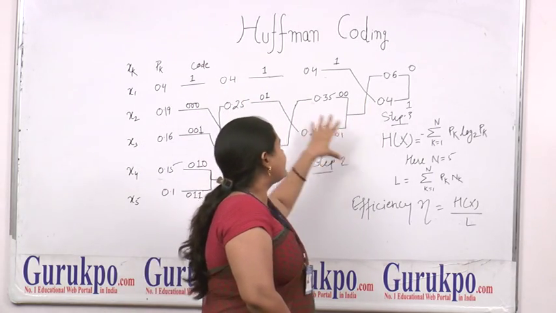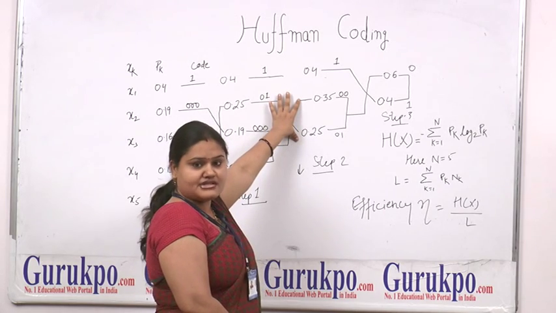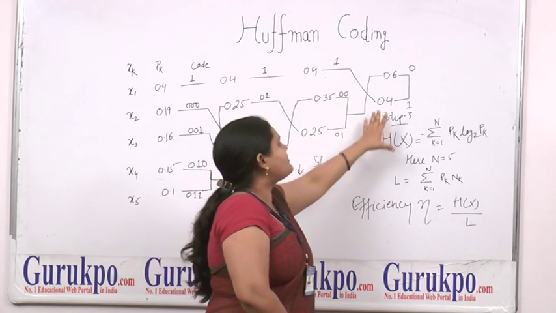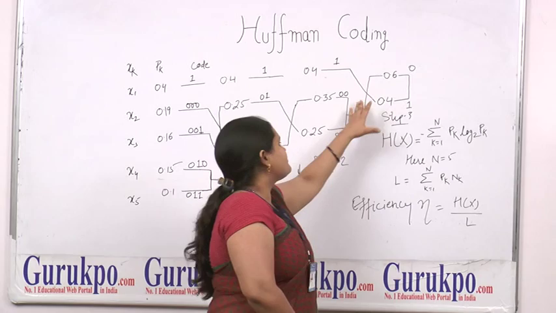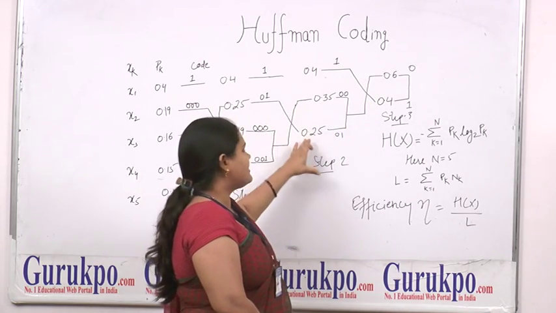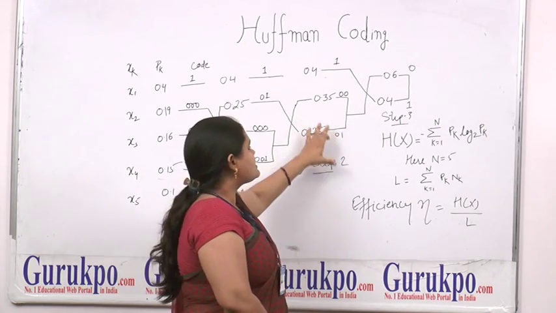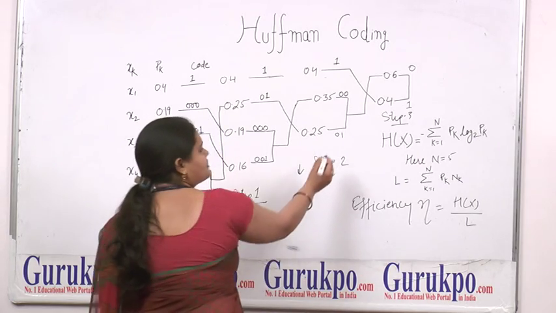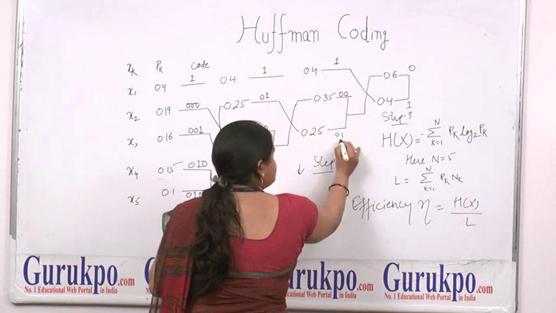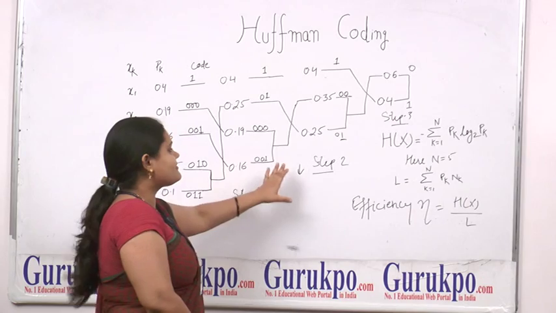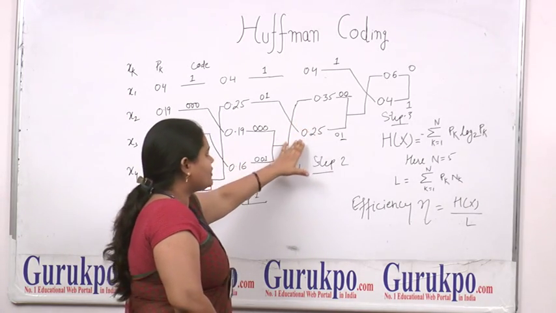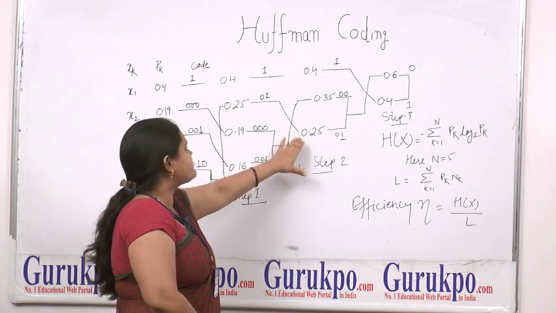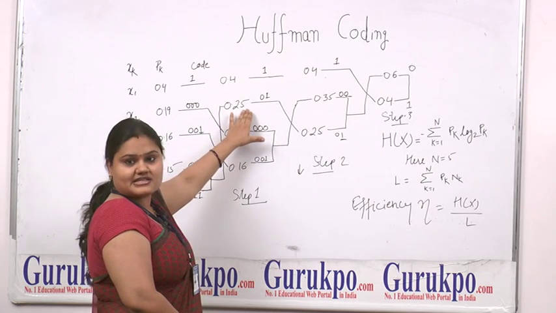Here we are adding the probabilities 0.35 and 0.25. So we put the values for 0.35 and 0.25 as 0 for the highest and 1 for the lowest. In this way we calculate the values where we are adding; otherwise we carry the value to the message signal.